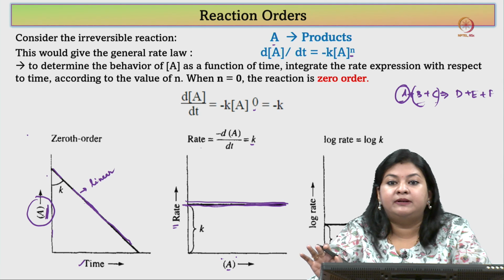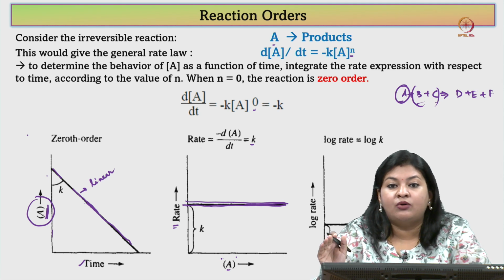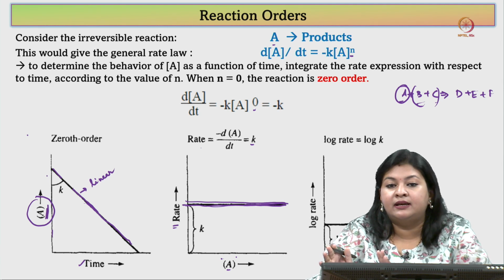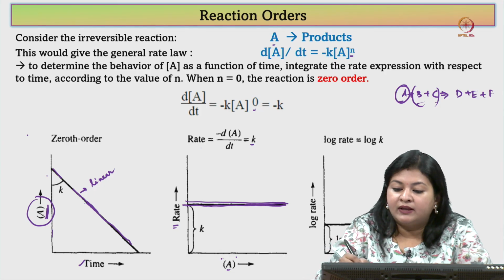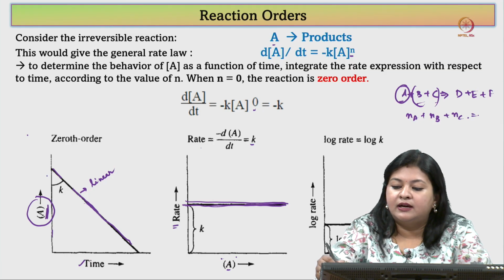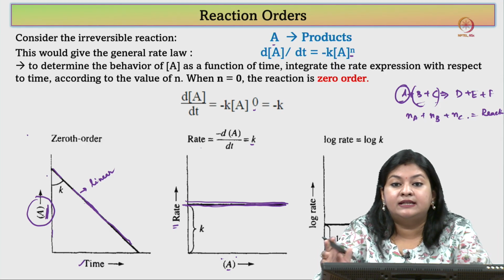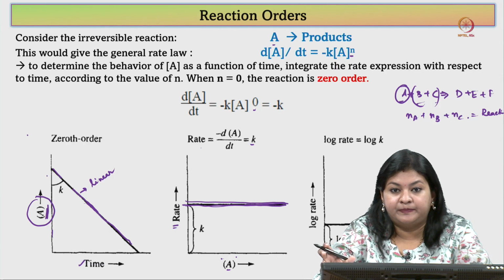For B and C it might be different. The entire reaction order can be different. What is the entire reaction order? It will be Na plus Nb plus Nc. That is the reaction order of the entire reaction, the total reaction order.